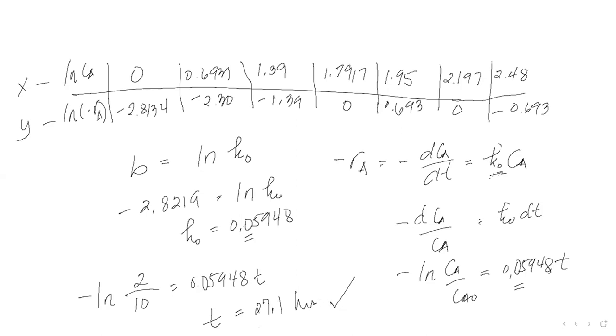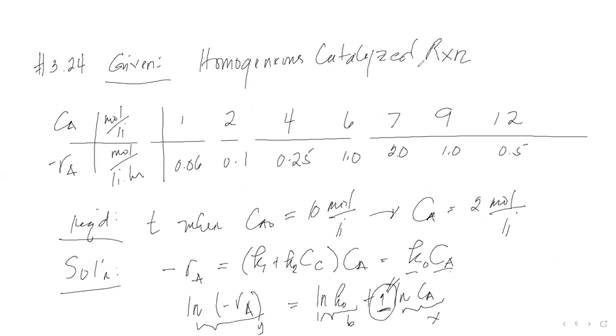As I was saying, what if you did not do linearization, like you treated the raw data? What I did with the raw data is, for example, this is my first set of raw data. I dealt with it like this. RA is equal to K sub O CA.